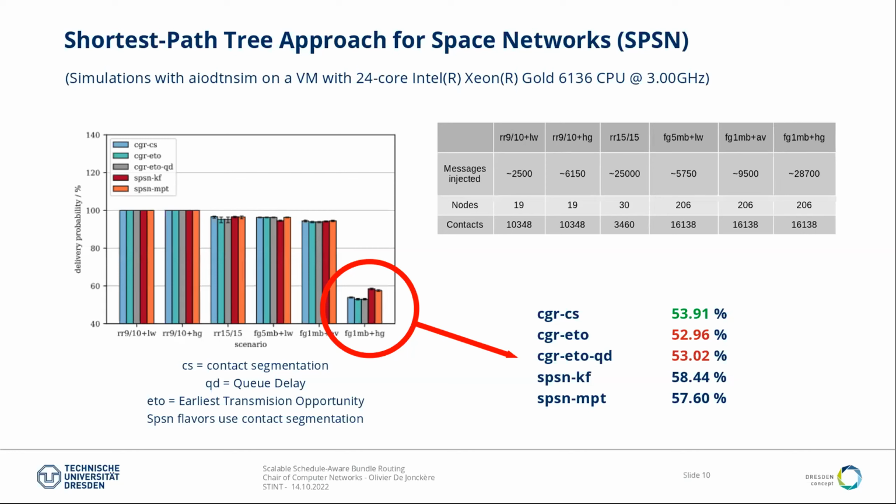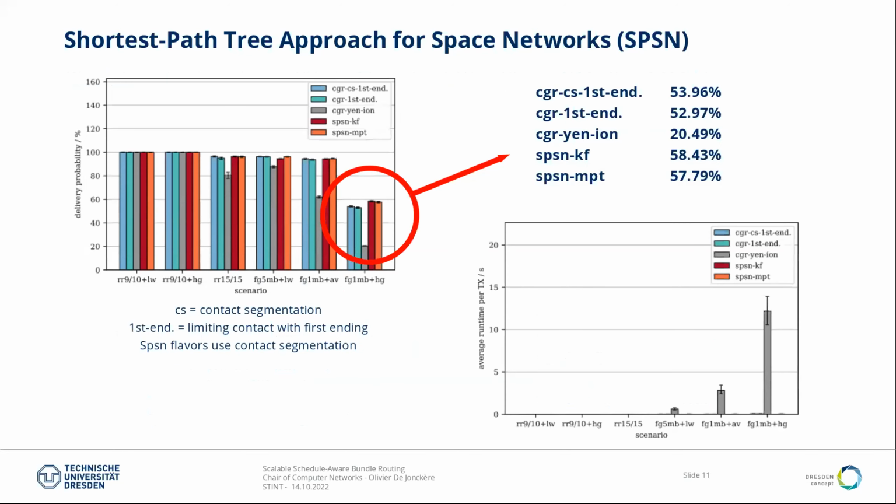So that's not Yen's algorithm. And the reason is Yen's algorithm performs very badly in very large networks. You could see on the previous slides that we had scenarios with 200 nodes and thousands and thousands of contacts.